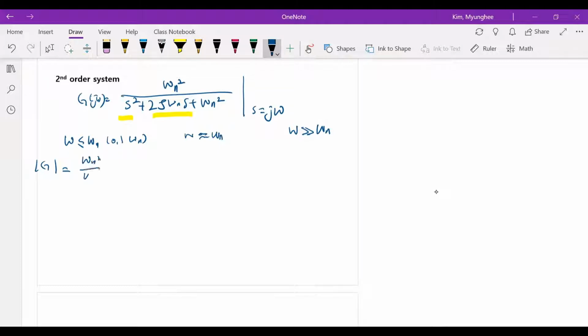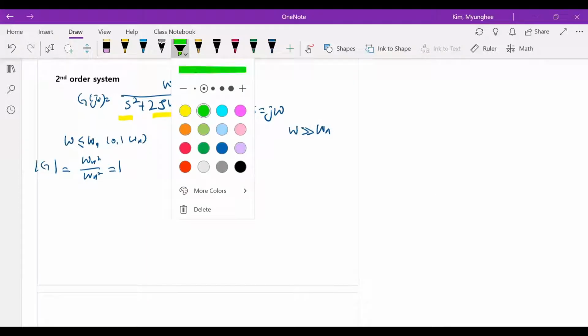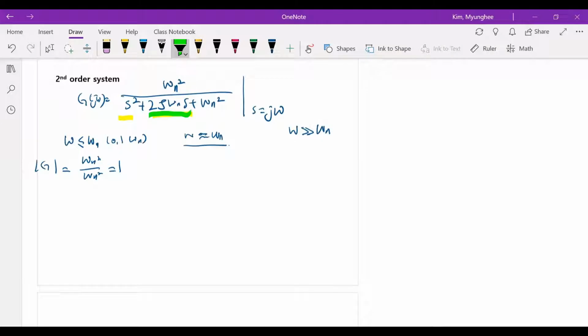ωn square is 1. When the ω is almost the same as ωn, then we have only this part, because these are cancelled out.